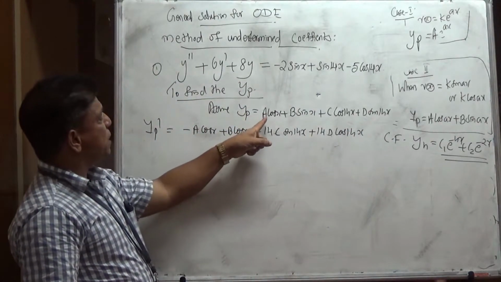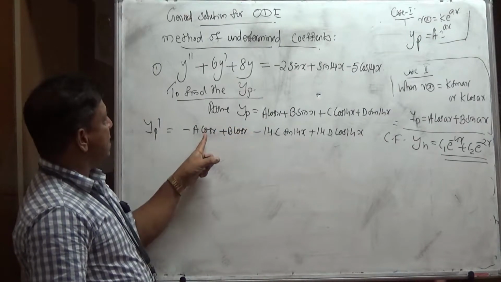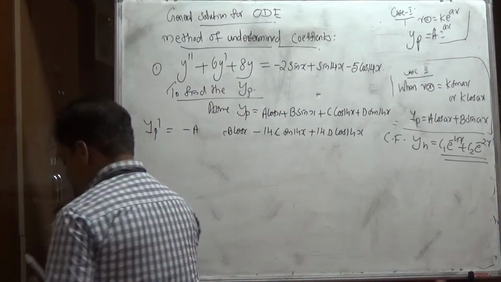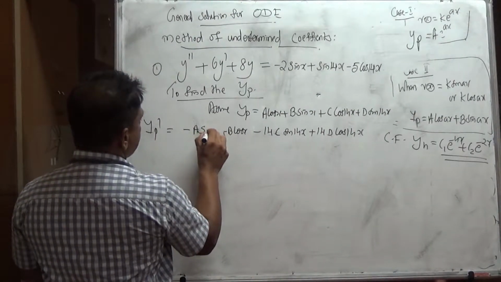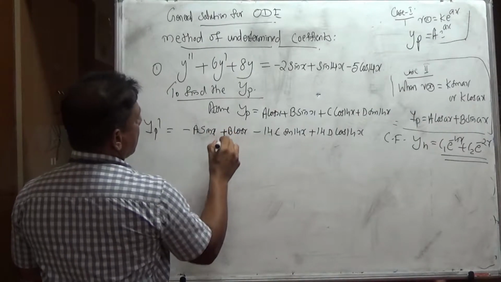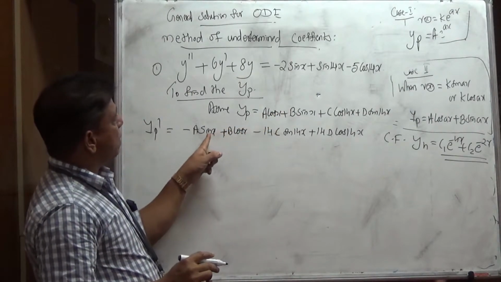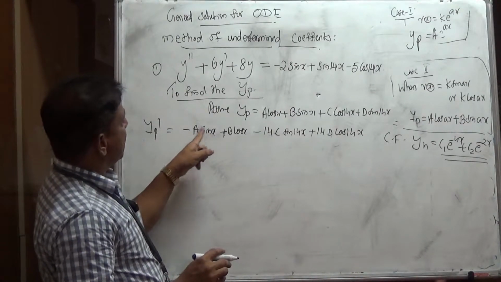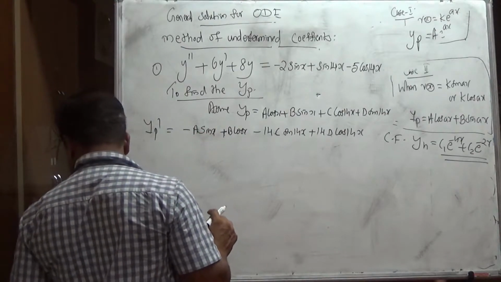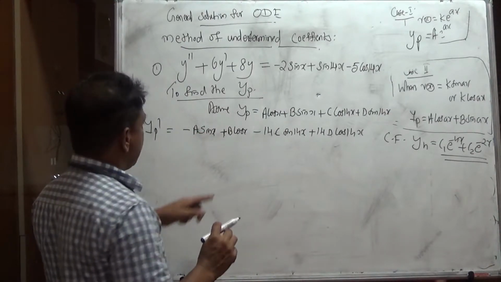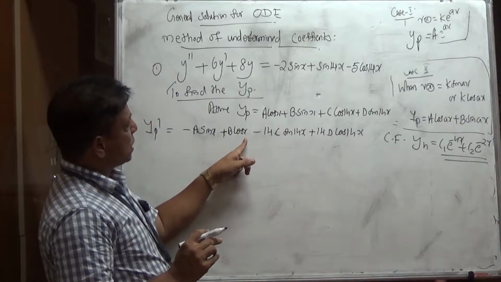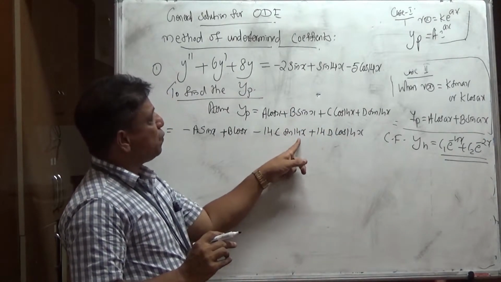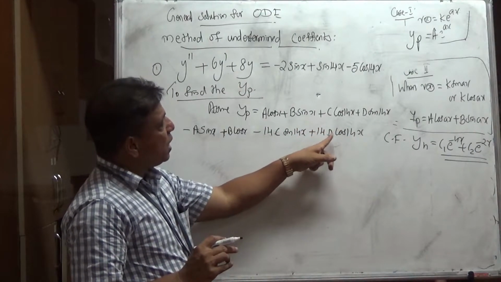The derivative of a cos x is minus a sin x, and the derivative of b sin x is b cos x, then minus 14c sin 14x plus 14d cos 14x.